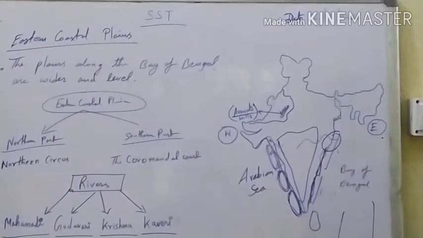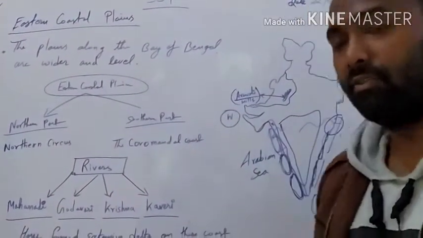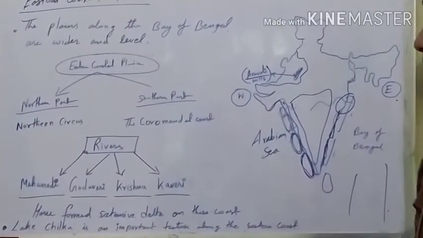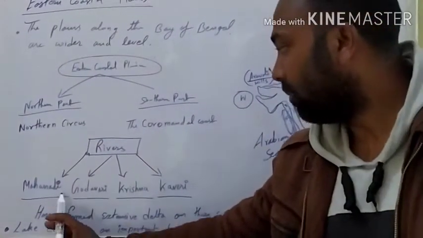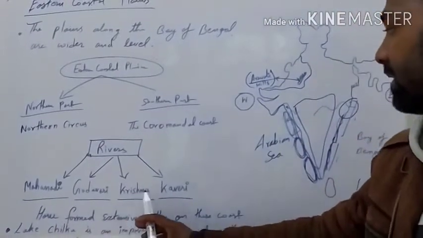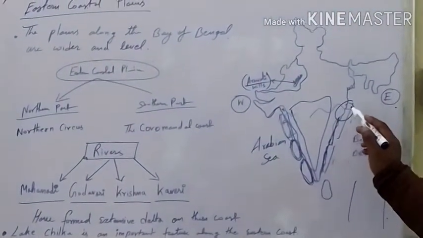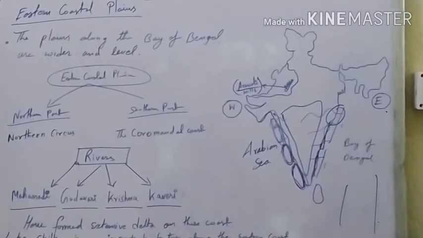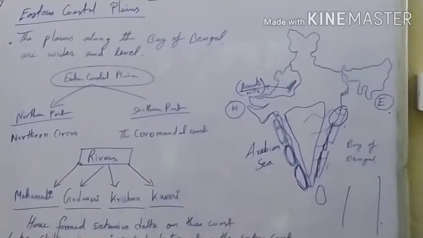In this region, there are some important rivers that flow towards the Bay of Bengal and have formed deltas there. These rivers are Mahanadi, Godavari, Krishna and Kaveri, the four rivers which flow into the Bay of Bengal.